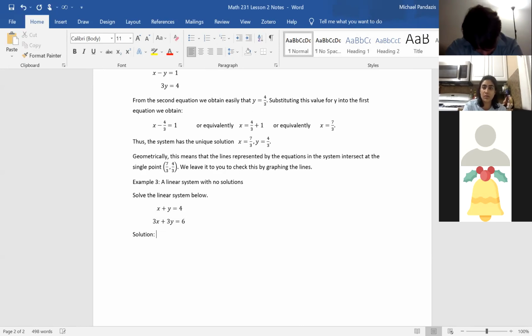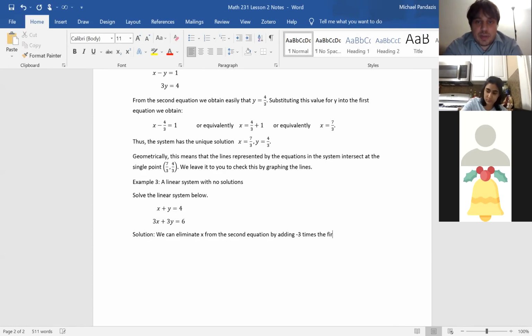Solution. Okay, so we can eliminate x from the second equation by adding -3 times the first equation to the second equation. Okay, that gives us the following linear system.